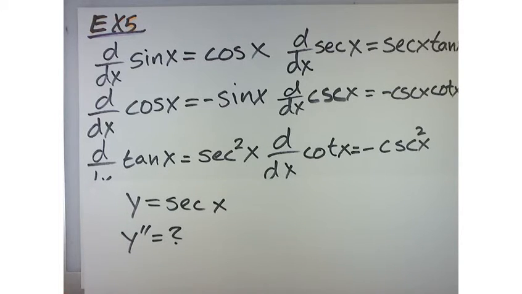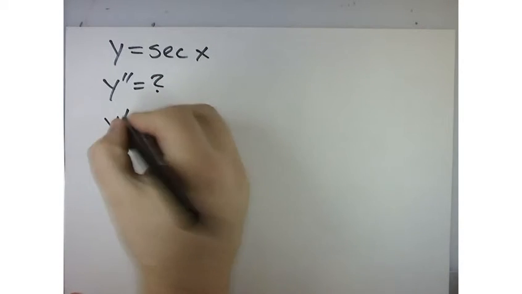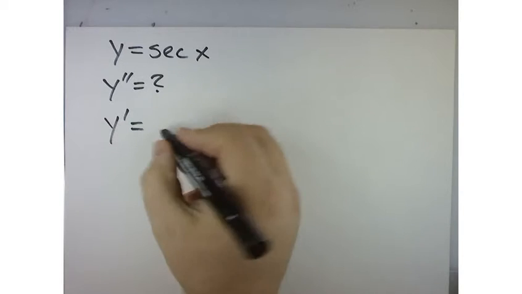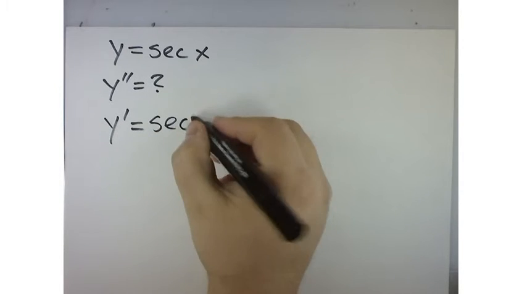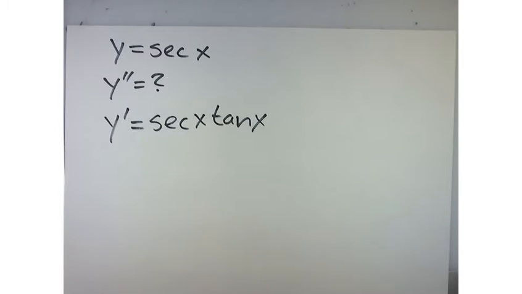And this is where it gets a little tricky. If I'm given that y equals secant of x, and I need to find y double prime, well then, first thing I need to do is figure out what y prime is, which is going to be secant of x tangent of x. We know that because I just told you that, right?